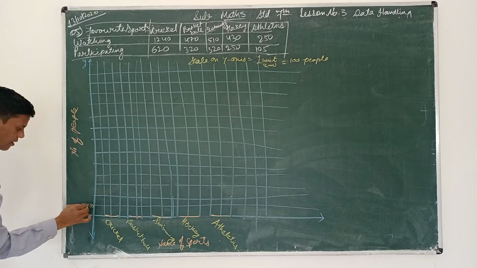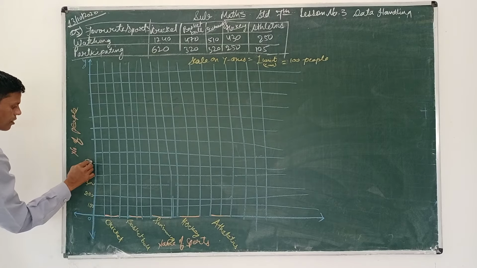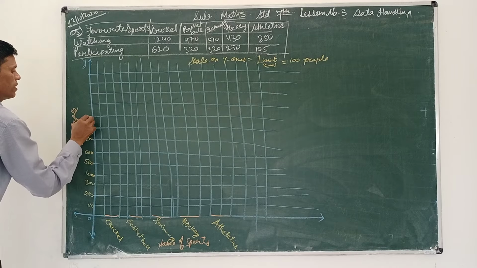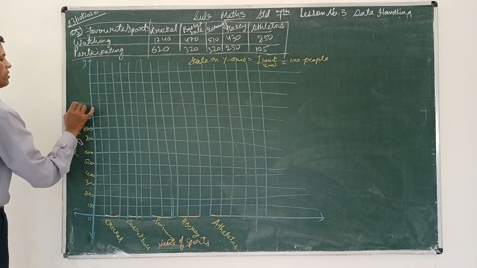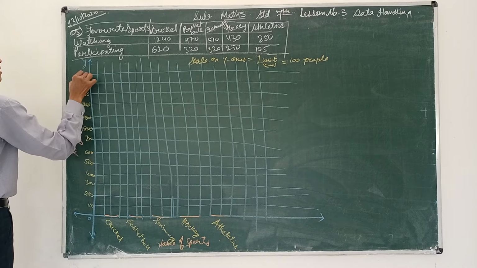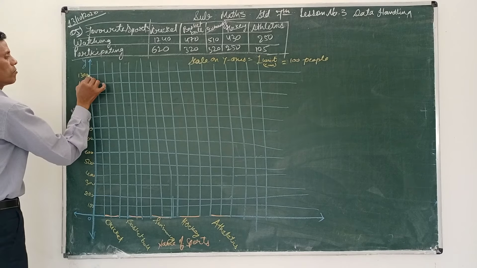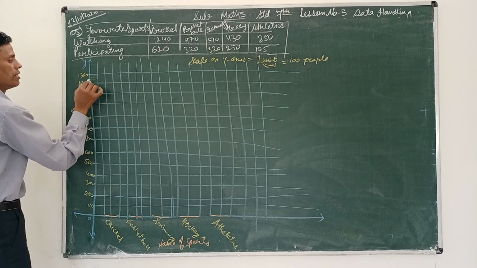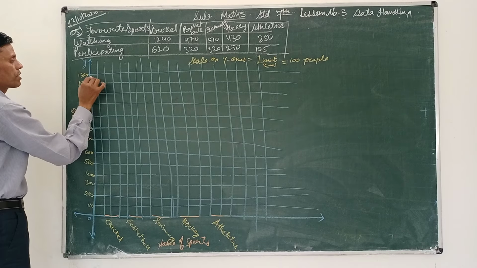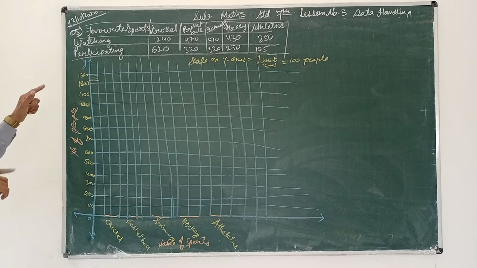So we take 100, 200, 300, 400, 500, 600, 700, 800, 900, 1000, 1100, 1200, 1300. Okay, suppose we are taking the 5-line graph, so then it will be 4 lines. 1, 2, 3, 4. One small line is considered as 20 in this.